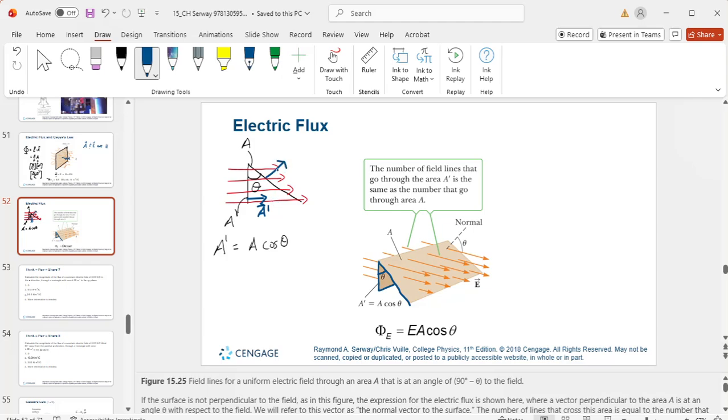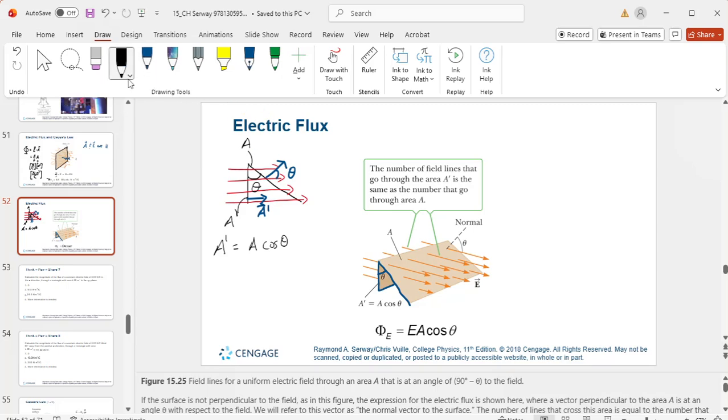And the angle that this makes with respect to the electric field is also angle theta.